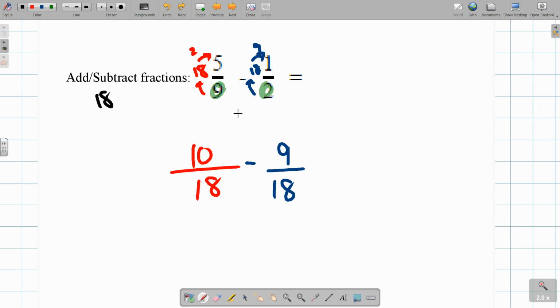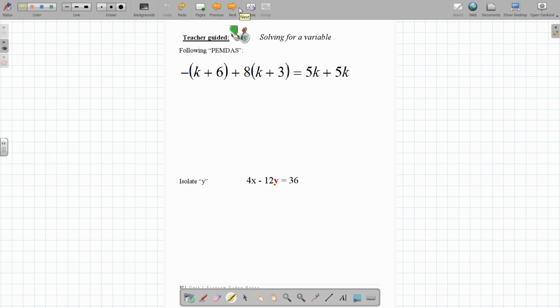That's a minus sign. I bring down my minus sign. Ended up with 10 minus 9. That's 1 over 18. So that is dealing with fractions.